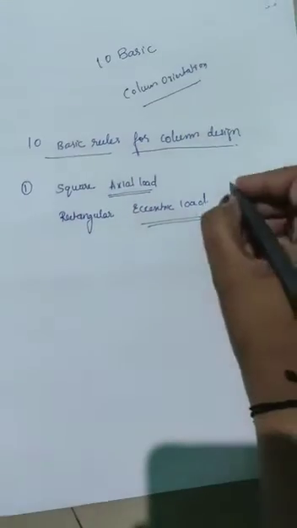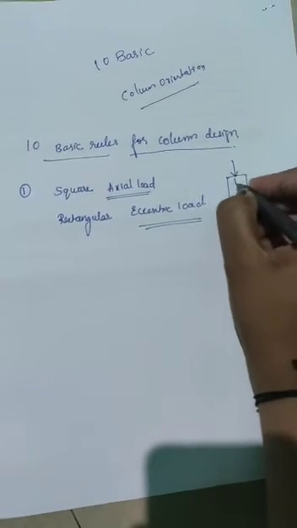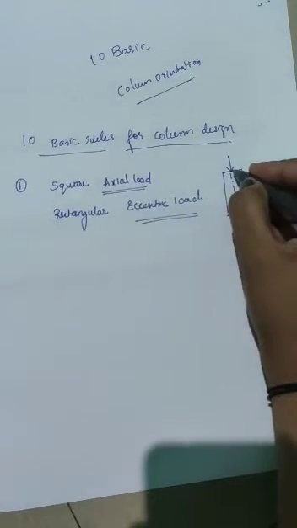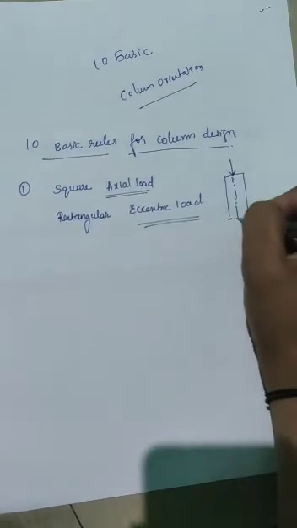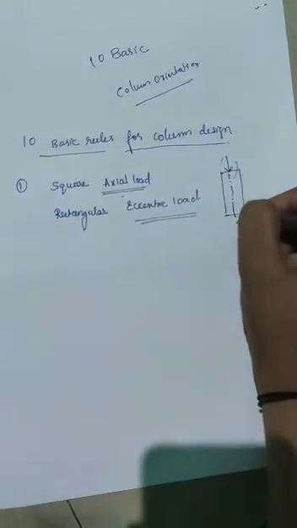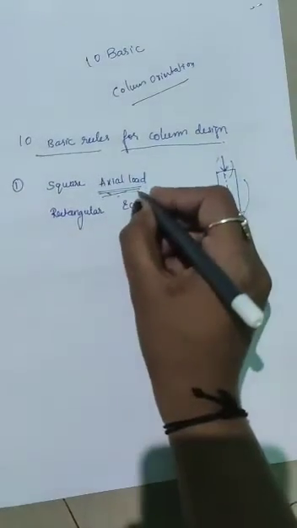Okay, for example, this is a column. If the load is acting at the center of the column, that is, at the center axis of the column, that load is nothing but the axial load. In this case you should choose the square column.